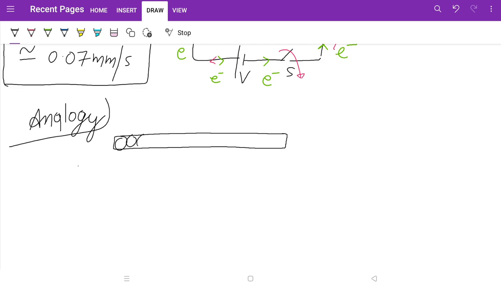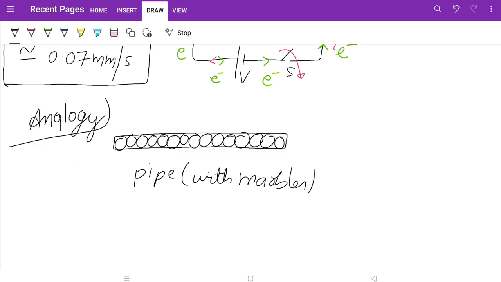Consider a pipe. Consider a pipe filled with marbles here. Now, if I introduce another marble here, the last marble exits or comes out of the pipe very instantly, right?